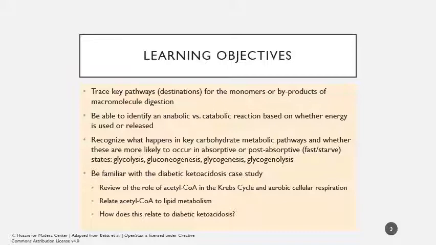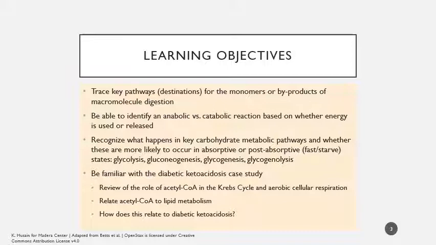We need to be able to relate acetyl-CoA to lipid metabolism. Oftentimes, acetyl-CoA gets grouped into these reactions that start out with glucose. And so I think a lot of people think about carbohydrates and glucose for energy, but maybe don't acknowledge that acetyl-CoA really ties carbohydrates and lipids together, and that a lot of molecules, even though they're chemically very distinct, can go through a series of reactions to become one another and cycle into these pathways.